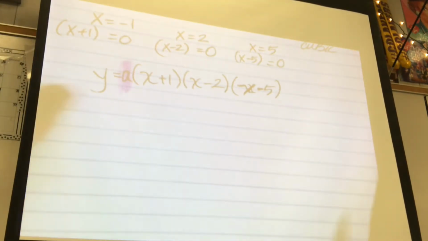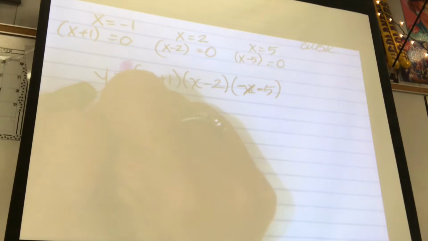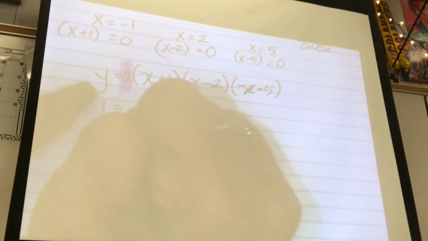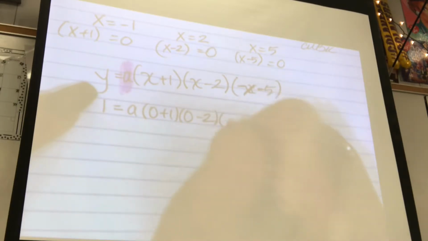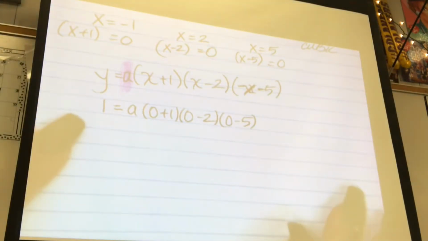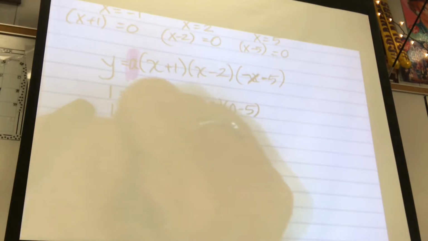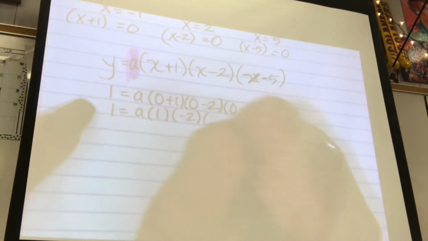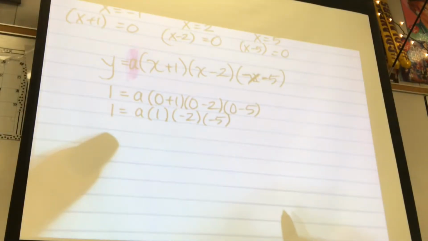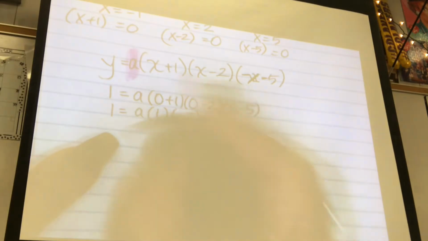Let's go. Let's plug in Y. What is it? 1. Do I know my A? No, but I know my X, so 0 plus 1, 0 minus 2, 0 minus 5. So that's 1 equals A times 1 times -2 times -5. What is 1 times -2 times -5?